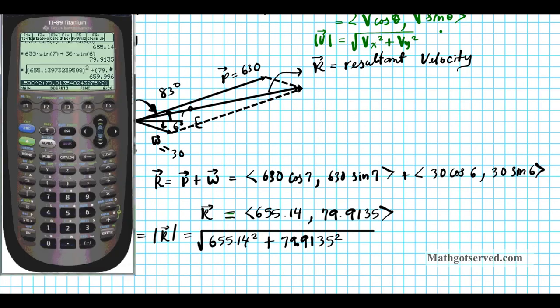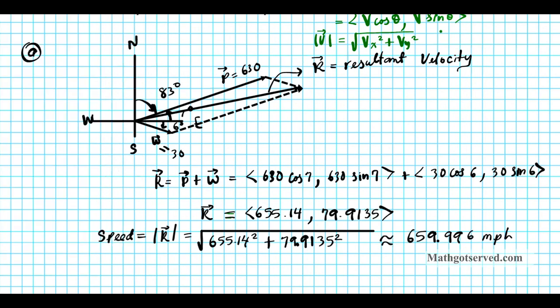Okay, so we just plug that into our calculator. I did it right here, and your final answer will be 659.996. So it's going to be approximately 659.996 miles per hour.